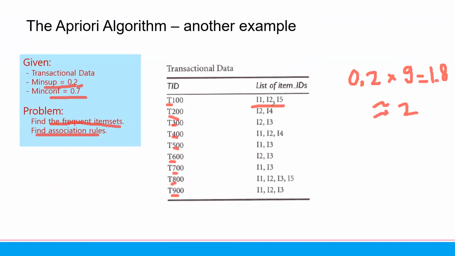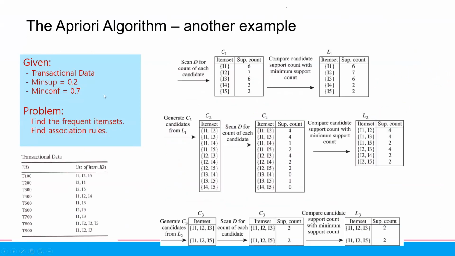So these are the items, I1, I2, I5, and so on. So this is the step. First, we will create the C1. C1 means we want to get the candidates that follow the support count based on the minimum support. So you can check I1, there are 6.